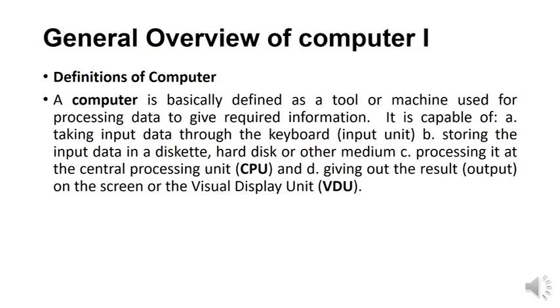I remember in our CSC 101 we defined what a computer is several times, so that we can have a broad knowledge of what computer is all about, so that it will not be just the primary definition that you had in secondary school. When we say what is computer, we are basically defining it as a tool or a machine used for processing data to give required information.